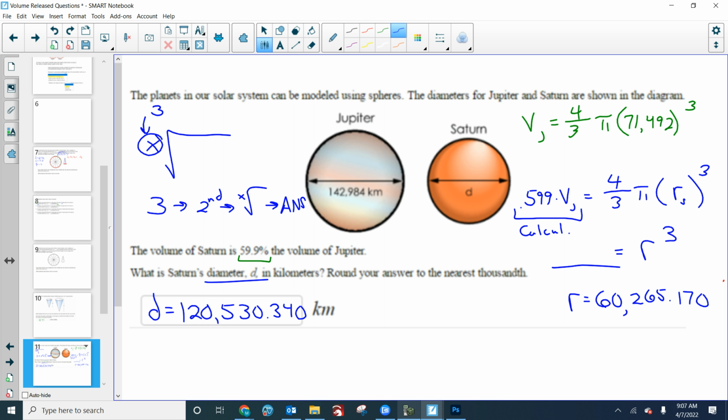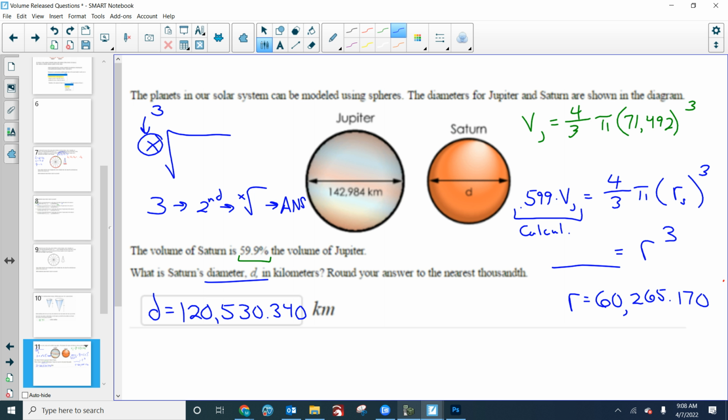What's the cube root of negative 27? What times itself times itself is negative 27? It's negative 3. Do you agree? It's negative 3.